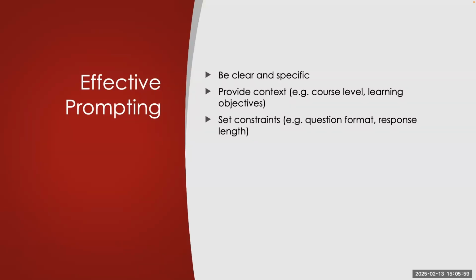So it's better on the front end to say, I want this many multiple choice on these topics. I want this many short answer. How long you want responses to be, how many responses you want. Again, as much information as you can give it on the front end, the more likely it is to come up with what you're looking for.